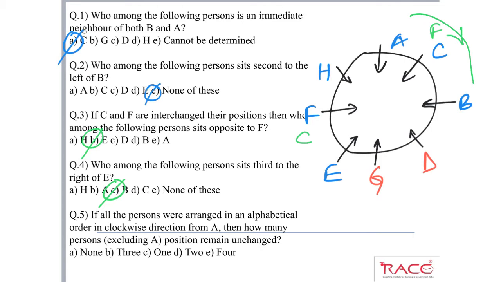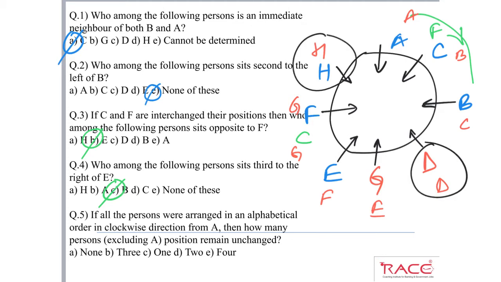So here it will be A, then B, C, D, E, F, G, and H. As you can see, there are two persons except A who did not change their position. So my answer is option D.